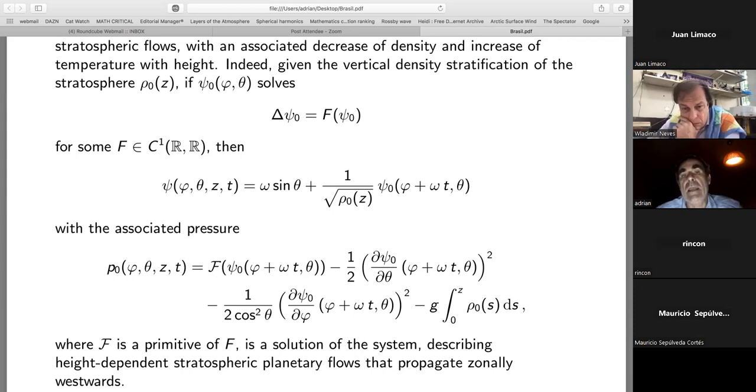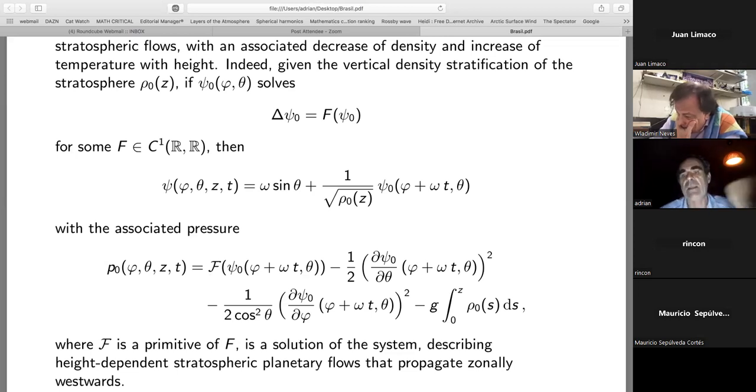Any solution of this type will describe traveling waves that travel exactly at minus the rotation speed. So they travel opposite to the rotation. And for those solutions, I can allow any density that depends just on z, and I find a solution.